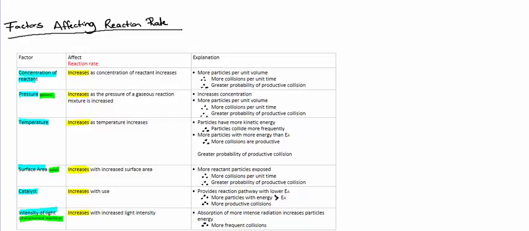So just to recap, collision theory states that in order for a reaction to occur, reactant particles must collide, and the colliding particles must have high enough energy, which is the activation energy for the reaction. Once particles collide, there are two options. We can have a productive collision or a non-productive collision. So we can either result in the formation of products or not.